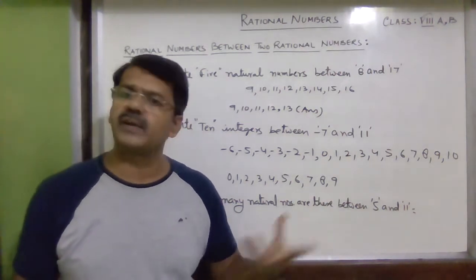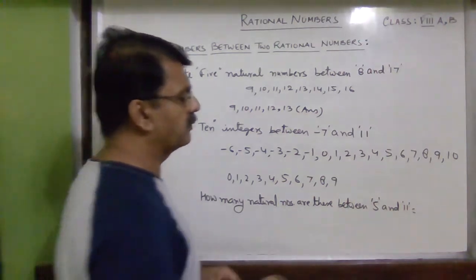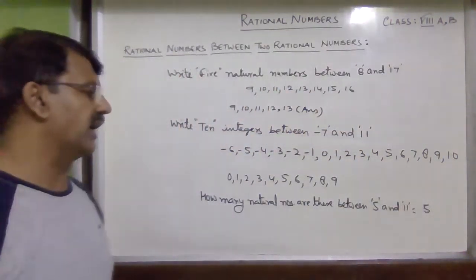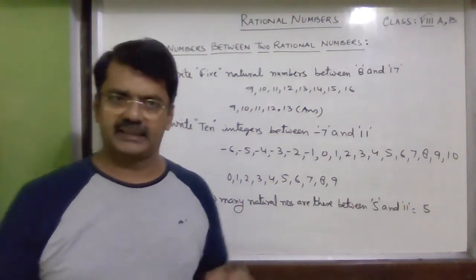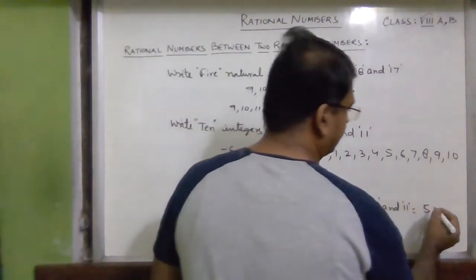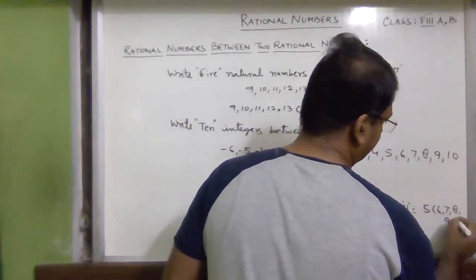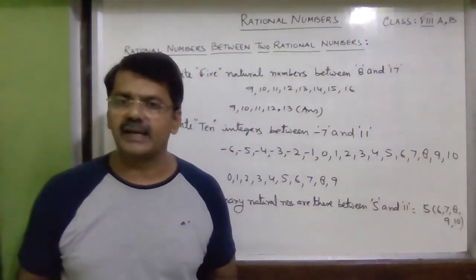So the number is fixed: 6, 7, 8, 9, 10. So 5 natural numbers are there between 5 and 11, and they are 6, 7, 8, 9, 10. Clear? These are the 5 natural numbers between 5 and 11.